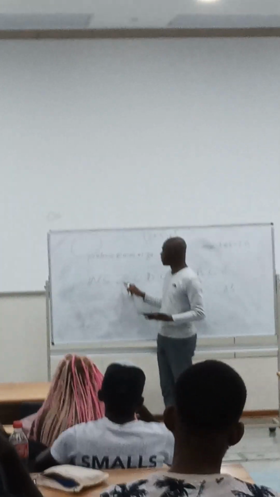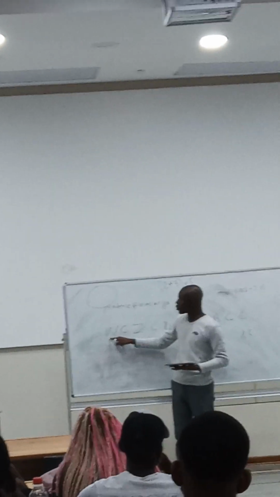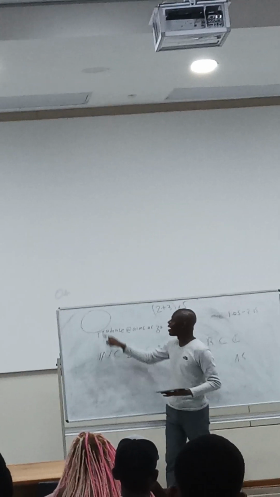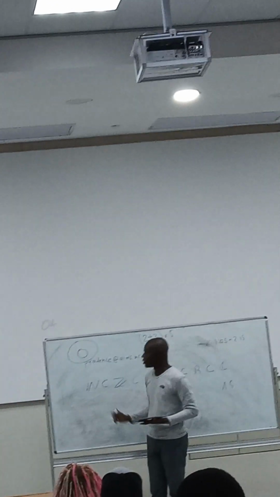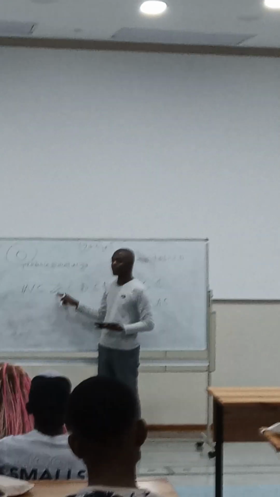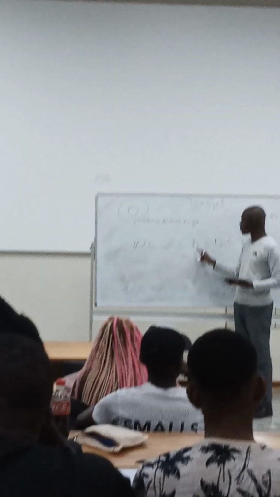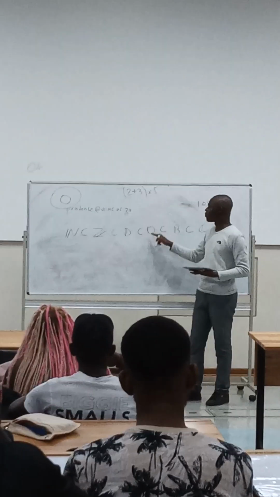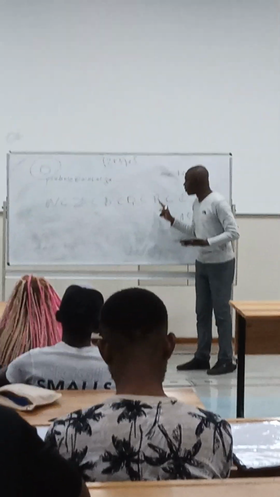If you take the integers, say the natural numbers are somewhere here. That's what we call a subset. So this symbol means that this is a subset of integers, and the integers are a subset of rational numbers, and rational is a subset of real numbers, and real numbers are a subset of complex numbers.